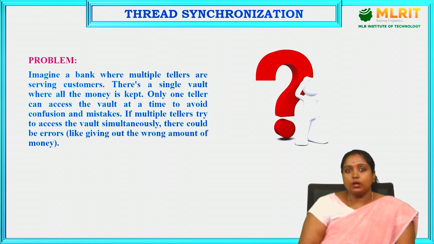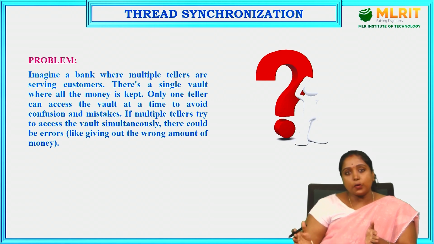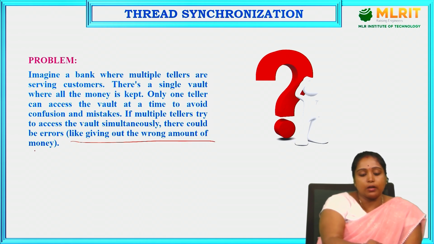Only one teller at a time, one person, will access the room at a time to avoid confusion and mistakes. If multiple bank employees use the same room simultaneously, there could be errors, like giving out the wrong amount of money.